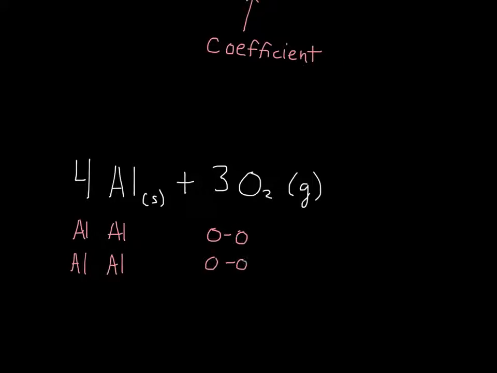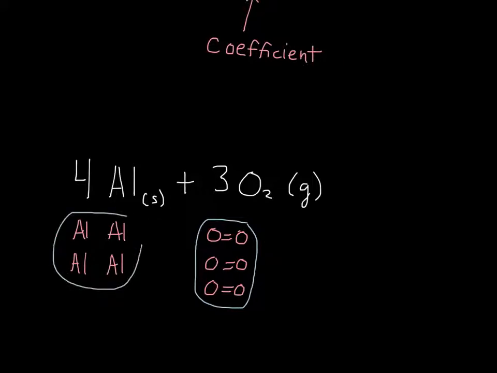These are oxygens bonded together, and actually O2 is a double covalent bond. So I'm taking these three oxygen molecules and putting them in the presence of 4 aluminum atoms.